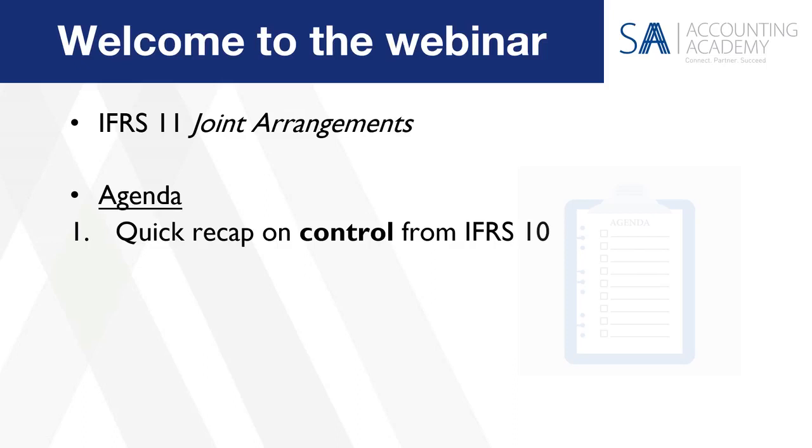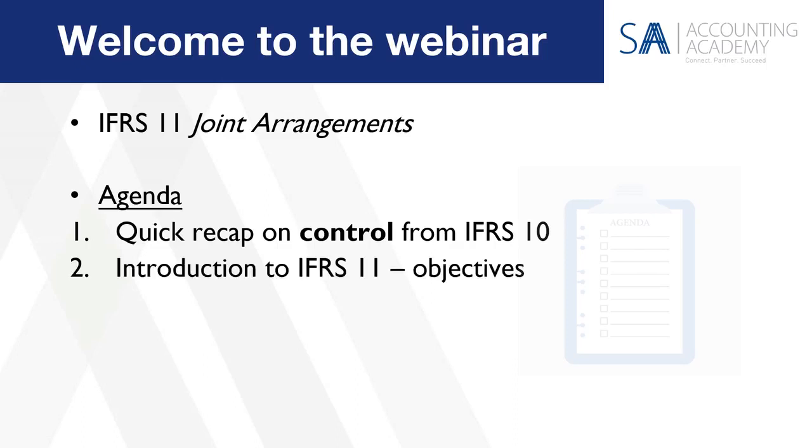So if you are interested in finding out the nitty-gritty about deciding whether there is control present and then taking the next step to decide whether there's joint control, the control component has to be studied in terms of the standard IFRS 10. So I'll quickly recap just the absolute crux of IFRS 10 so that we can take it into IFRS 11.